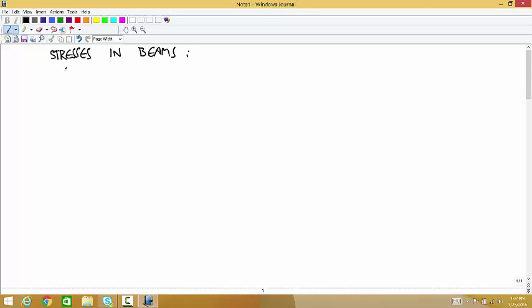We know that the total stress tensor is equal to the stress tensor that you'd get just from the tension, ignoring all the other stuff, plus the stress tensor that you get just from the bending moment, ignoring all the other stuff, plus the stress tensor that you get just from the shear force, plus the stress tensor that you get just from the torque.